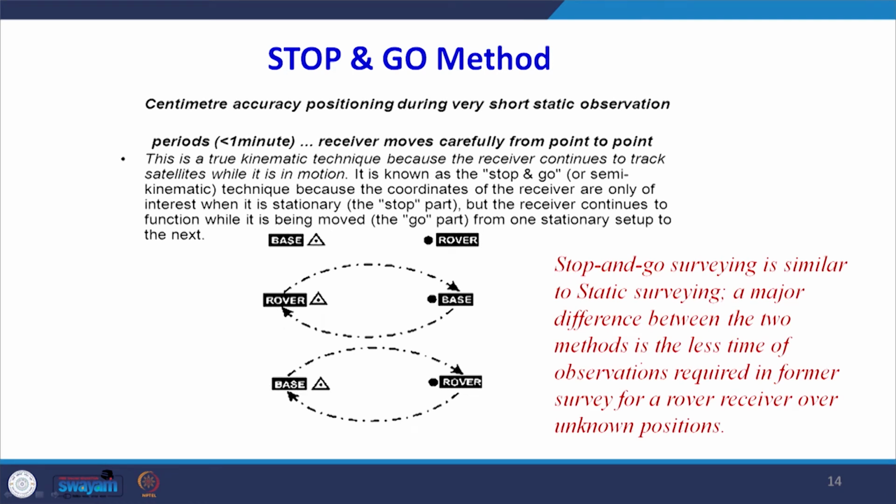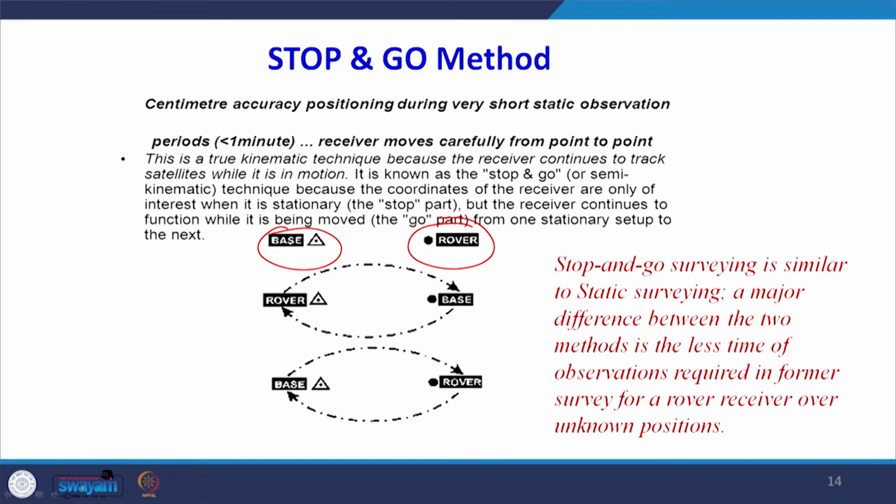In this diagram we can see the stop and go method, where we have two similar identical instruments. One is called the rover and another is called the base. We keep one device on the base and the other device, called the rover, we move. The base is fixed, taking continuous observation, and the rover is moving.